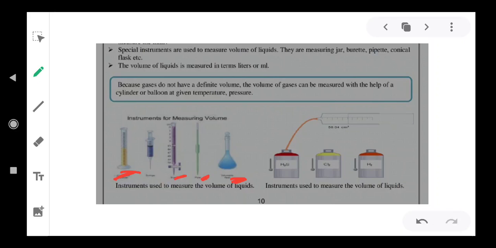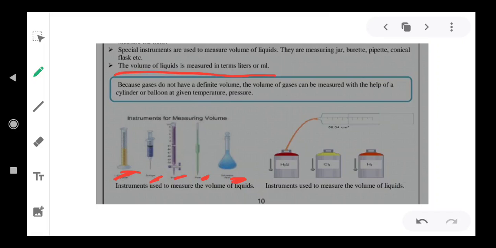This is a syringe, you know. From these measuring instruments we measure the volume of fluids. For gases we use other instruments to measure. The volume of liquids is measured in liters or milliliters.